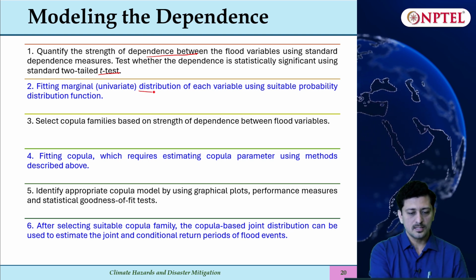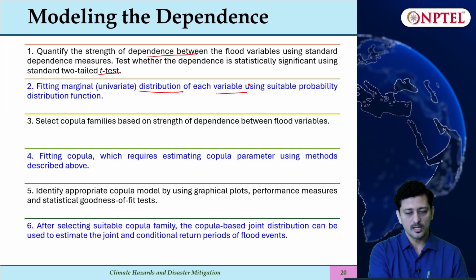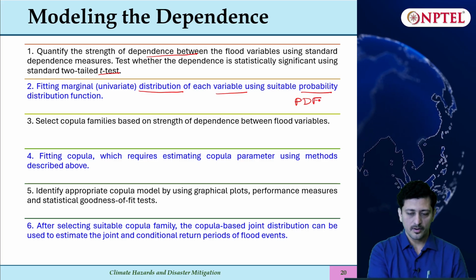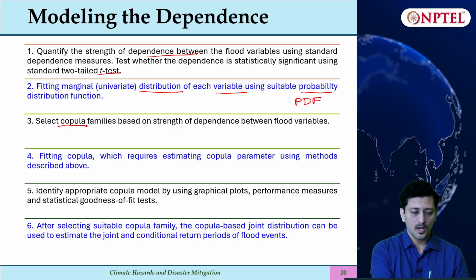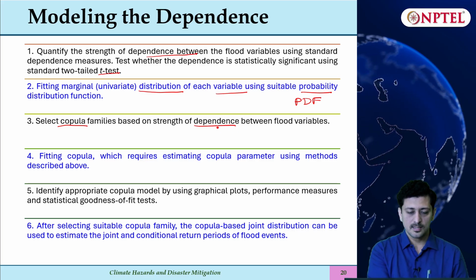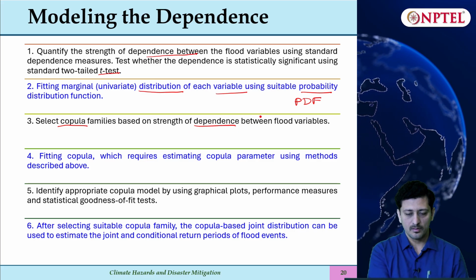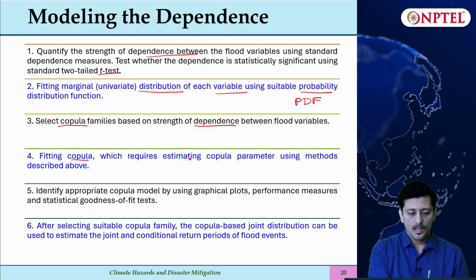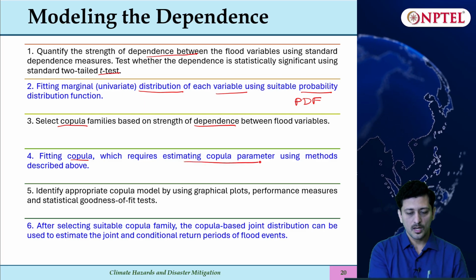Then you will fit the marginal univariate distribution to each variable to find the suitable PDF. Then you will select copula families depending upon the strength of dependence. We have already discussed, if there is positive dependence or negative dependence, which copula is best suited. Then you fit the copula and estimate the parameters of the copula.